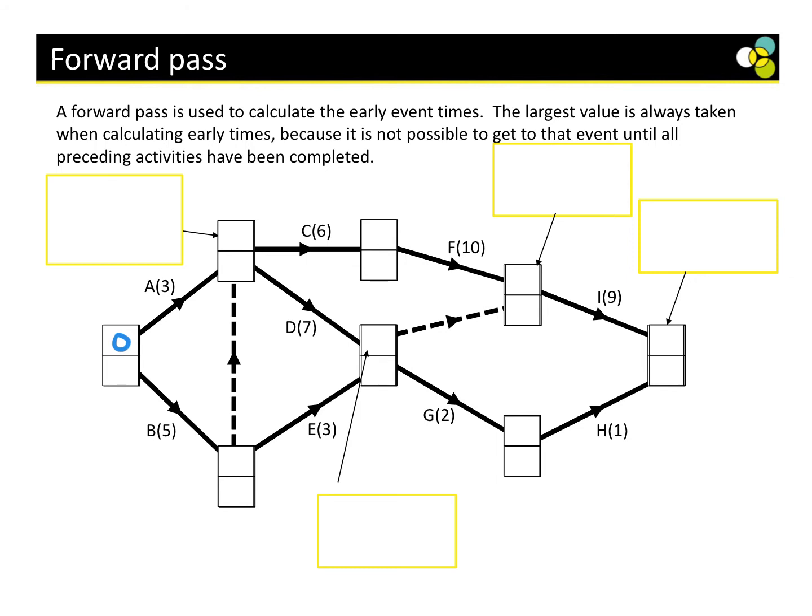There are 2 ways in here. We calculate both of them, and then we write down the highest. So we've either got 3 or 5 plus 0, because that's how we get there. What's the highest one? 5, perfect. And this one here is 5. Brilliant.